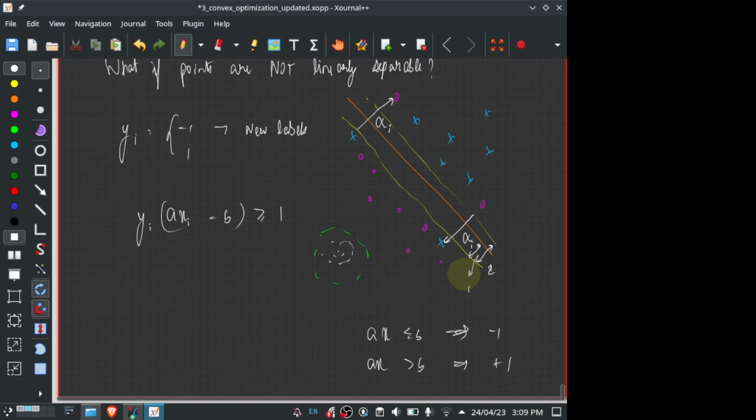But now I need, of course, some constraint on the norm of A. I can't let it grow unbounded. But I'm going to put that in the objective function eventually. I want the norm of A to be small, but at the same time, I want these properties to be satisfied. If it is not linearly separable, then I allow some deviation. The deviation is by an amount alpha I, so a point can go alpha I amount in the opposite direction.